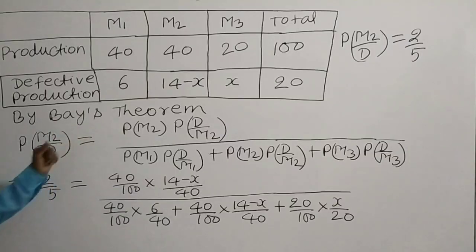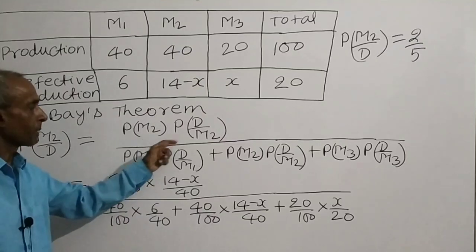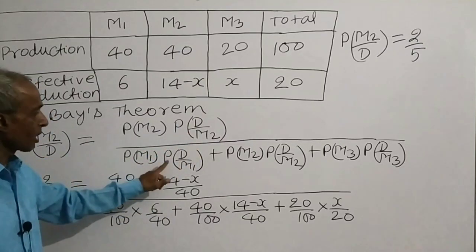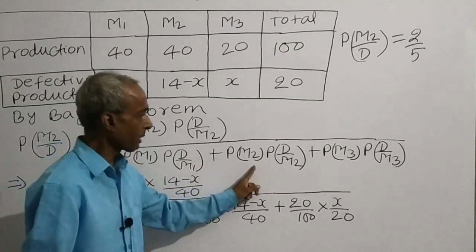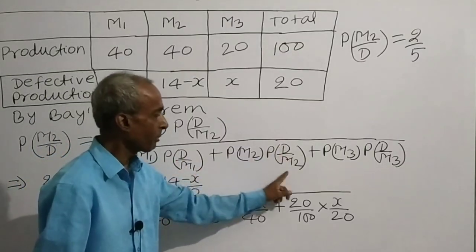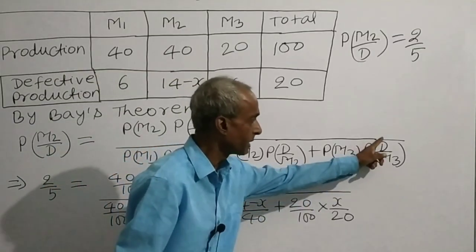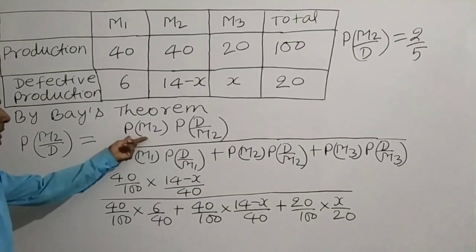According to Bayes' theorem, probability of M2 given D will be equal to probability of M2 times probability of D given M2, divided by probability of M1 times probability of D given M1, plus probability of M2 times probability of D given M2, plus probability of M3 times probability of D given M3.